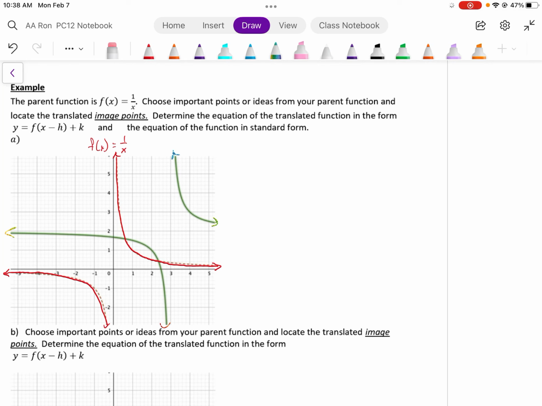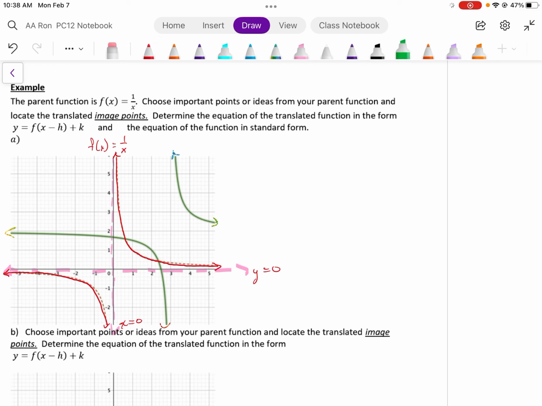I'm going to identify the characteristics of rational functions, and those are the asymptotes. There we see one asymptote right there, and we see another asymptote of my parent function right here. So my horizontal asymptote really is y is equal to 0, and my vertical asymptote is x is equal to 0.